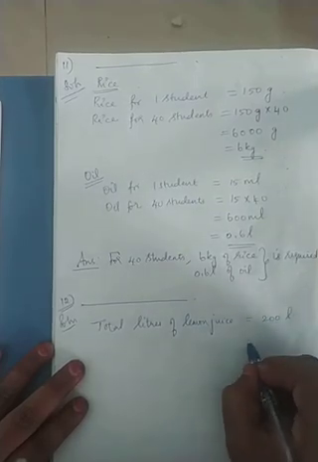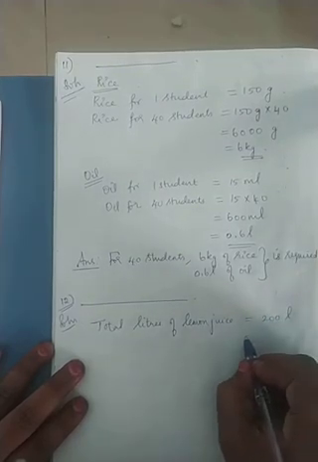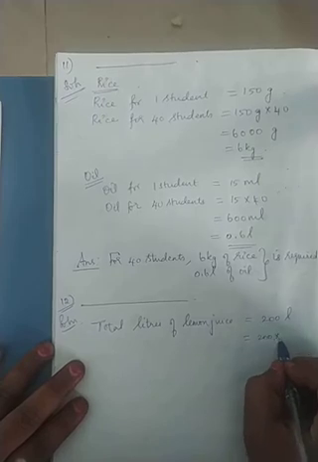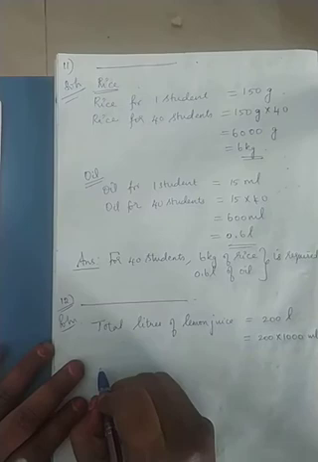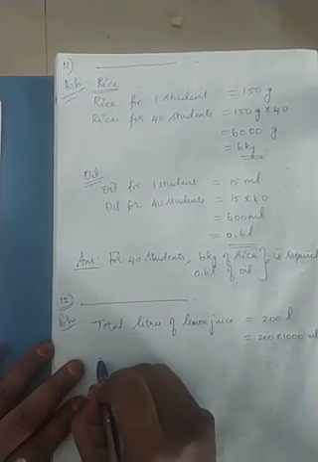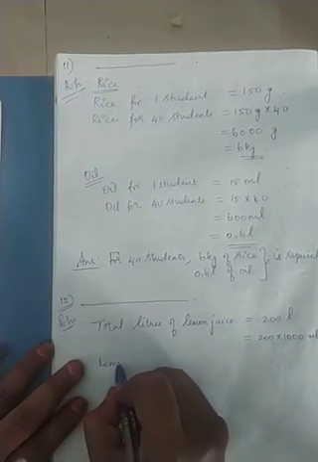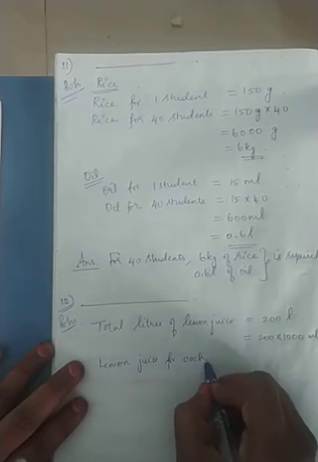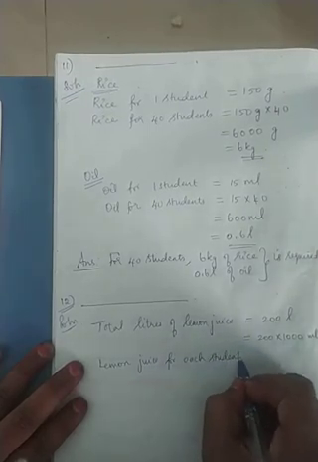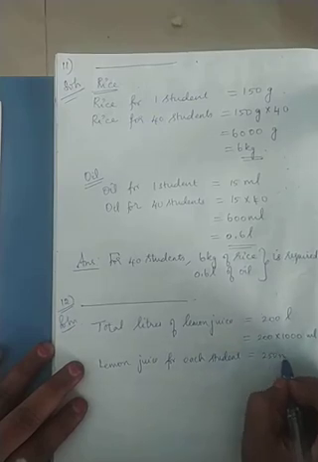200 liters. I have to convert this into milliliters, because then only I can cancel. So I can write 200 into 1000 milliliters. Now lemon juice for each student will be getting 250 ml.